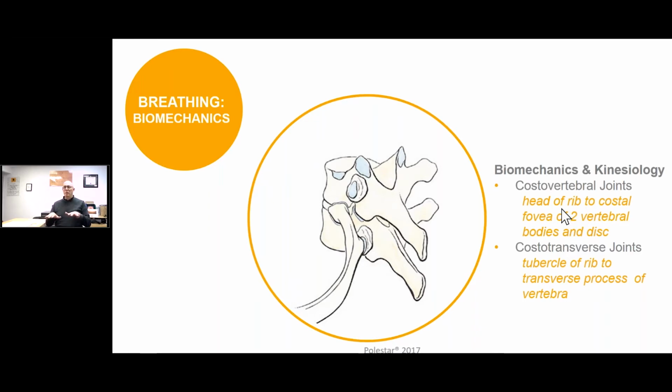Now this time, think of what we're doing with the rule of ribs. If I send my ribs to the left, and I take the concave side, or convex side, and I send it down, and this side up, all of a sudden it creates a larger thoracic side bending than it would if I just collapse.